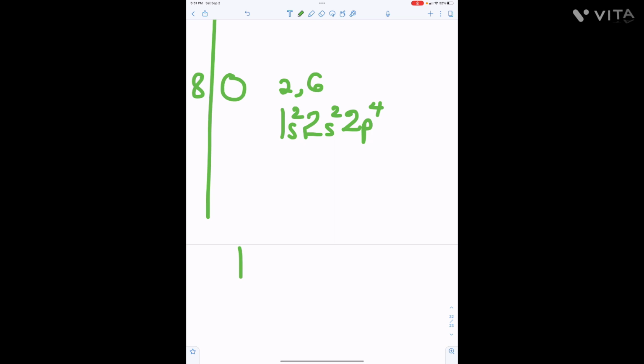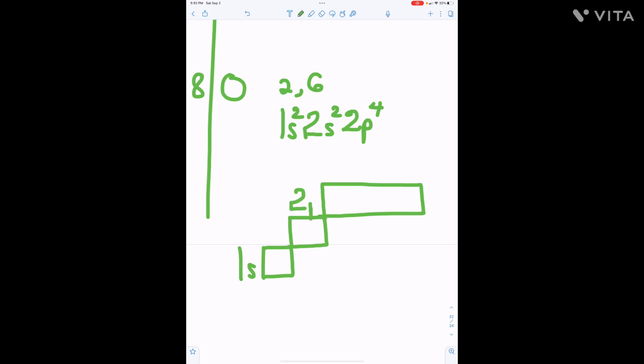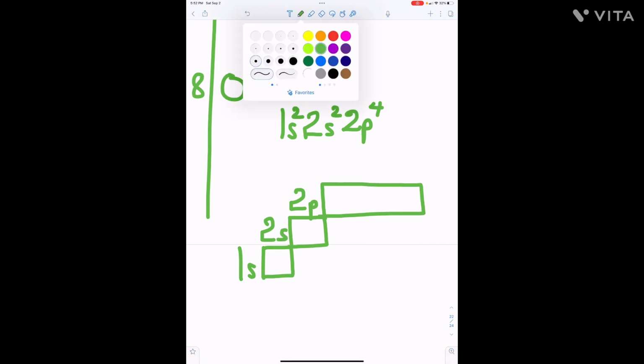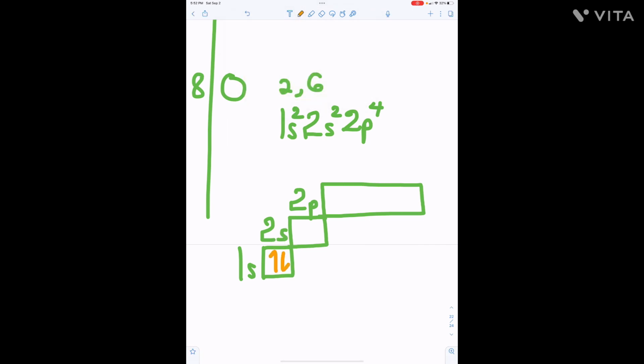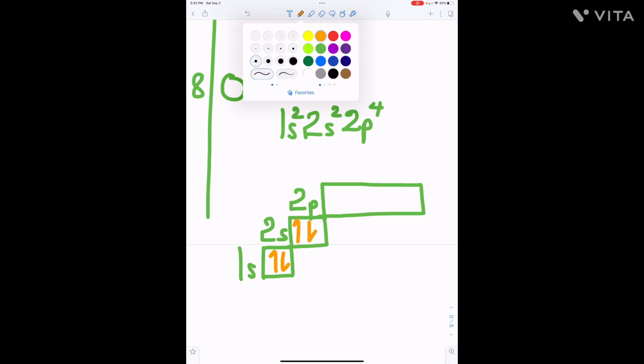So let's draw the picture. 1s orbital, 2 electrons, 2s orbital, 2 electrons, then the 2p orbital. So let's fill 1s2, 2s2, then the p.